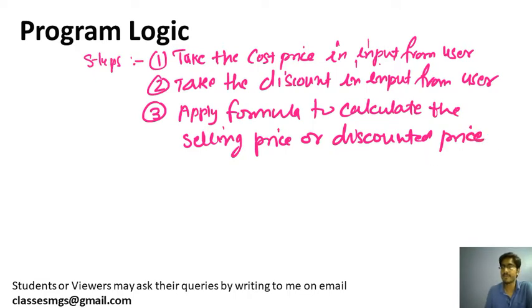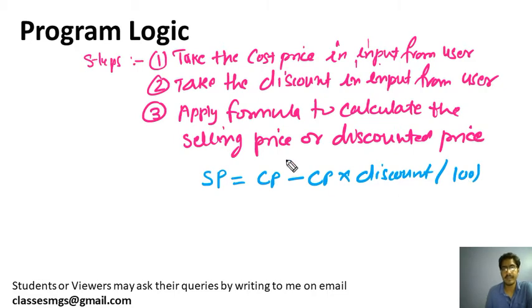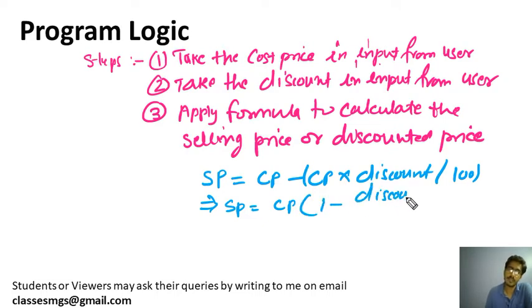What will be the formula? We have discussed: selling price SP equals CP minus CP into discount divided by 100. Or, if you know some mathematics, you can simplify it by taking the common factor: CP into 1 minus discount divided by 100.